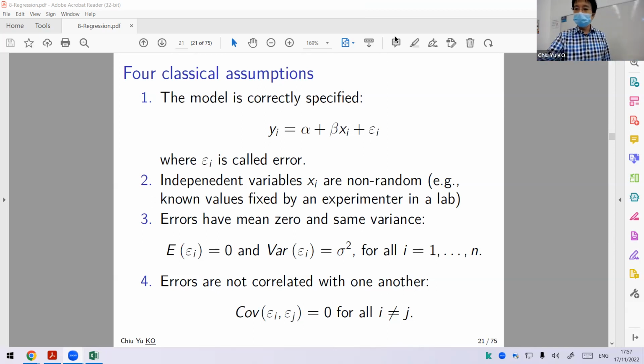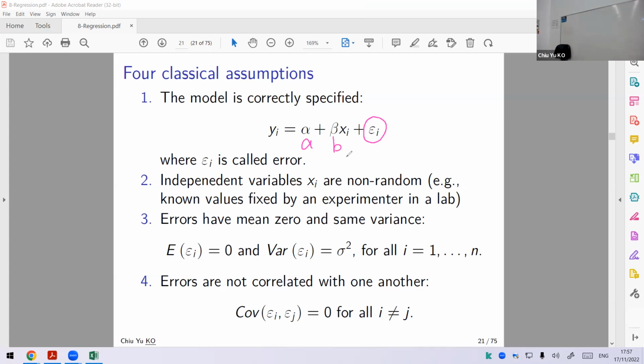Later we will see, because this is random, what you get is A and B, and the A and B will also be random variables. Let me repeat. Depending on what data you draw, this epsilon, big and small, will decide what A and B you have.